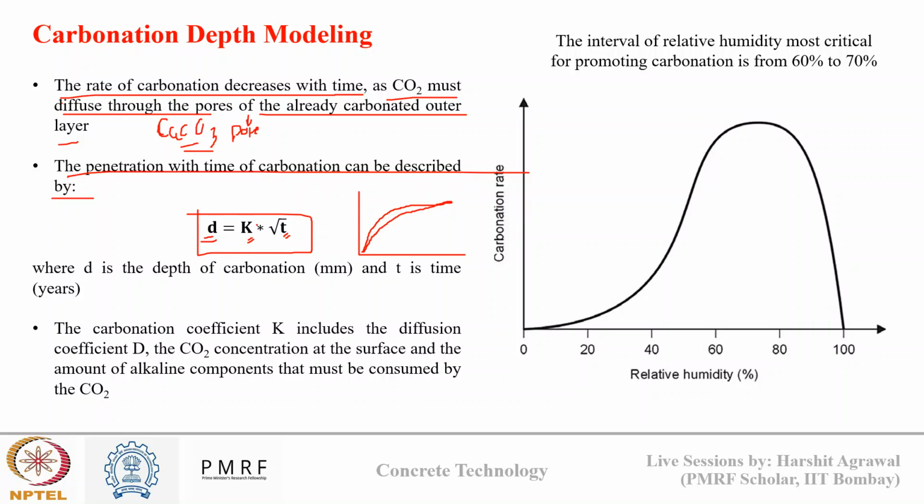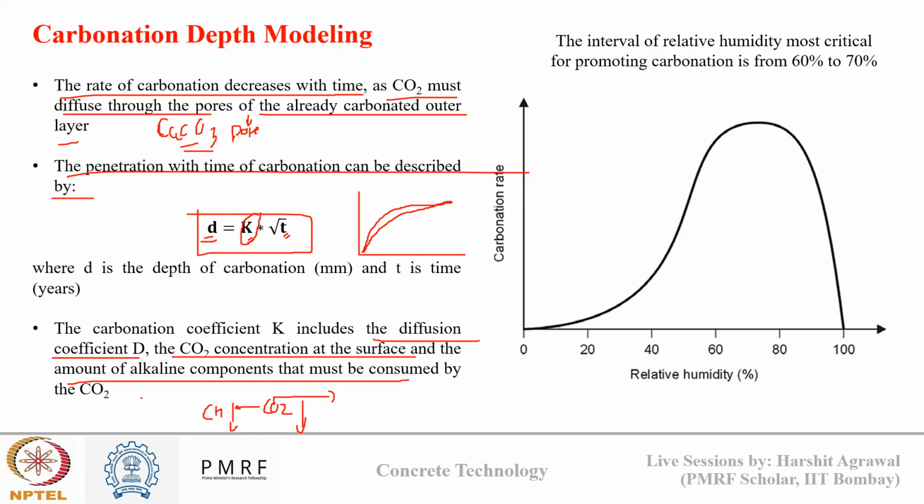Now this K, the carbonation coefficient, depends upon different parameters like the diffusion coefficient of CO2, the CO2 concentration at the surface, and the amount of alkaline compound present inside the concrete. If the alkaline content is less in concrete, then the reaction with CO2 will be lower, so CO2 will be able to move freely through concrete.